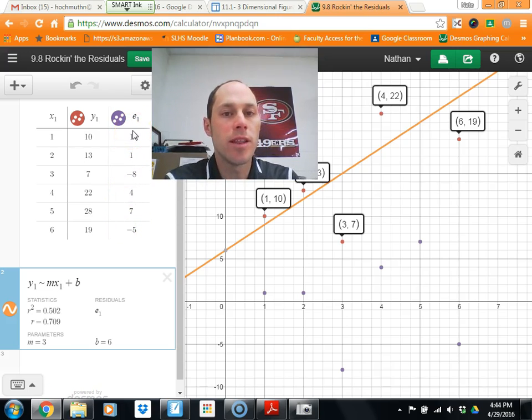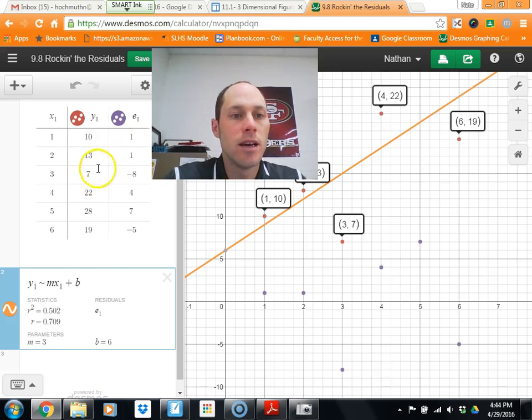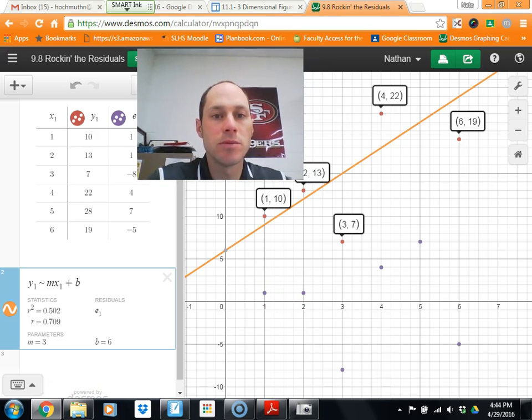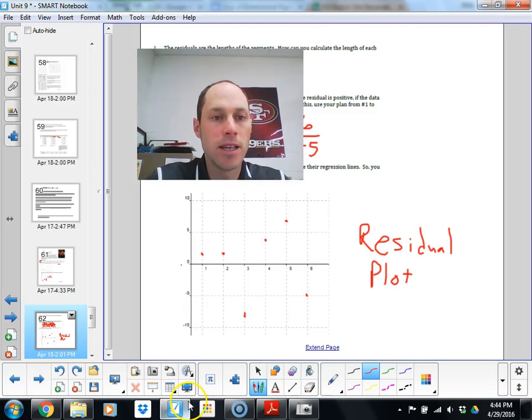So it's going to calculate that, and that helps out when you've got an equation that isn't real nice and neat. Our equation is y equals 3x plus 6. Those are easier to calculate. And then it gives us our residuals on the table, and then it plots them for us. So here we see our residual plot that we did by hand before. So that's something helpful that technology can help us save some time doing to help make our analysis easier.